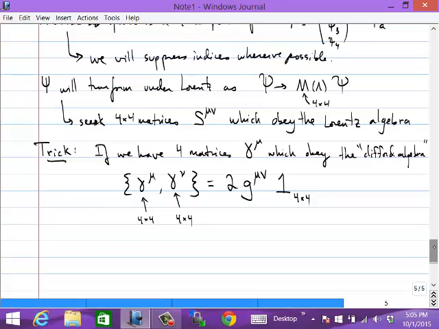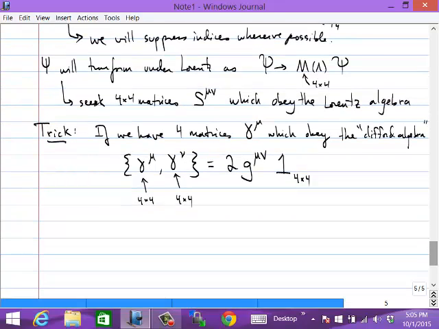But now on to the trick. You find 4 matrices which obey this. Then it's an easy exercise to show, one of the easy exercises you'll do on the problem set, that if you just take the commutator of 2 of these matrices, then these commutators obey the Lorentz algebra.